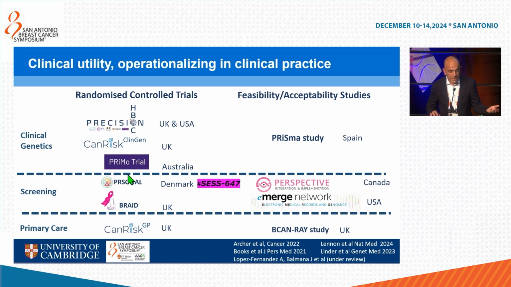And there is a study being presented in the symposium here that is done at the screening level in Denmark. We expect that these studies will be reporting in the near future.